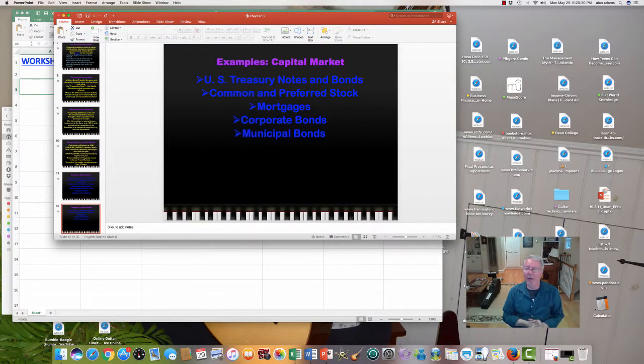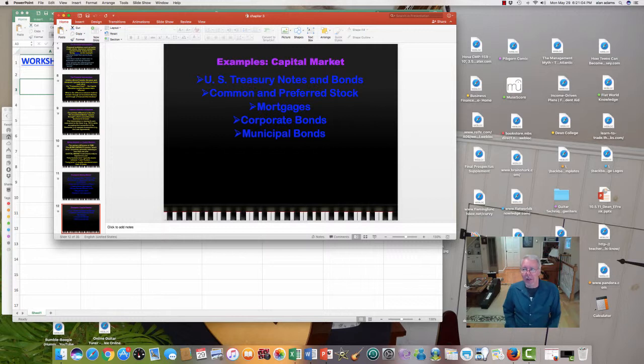Corporate bonds, all right? A lot of times corporations will not issue more of their stock. Instead, they will issue bonds, long-term debt. So instead of financing with ownership, with equity, they're financing by really borrowing money from you. That's what a corporate bond is. And of course, municipal bonds, that's the same thing, except instead of a corporation issuing the bond, a city or state government is issuing the bond. For example, well, they built a nice big school here in Franklin a few years ago, and they financed it with municipal bonds, okay?